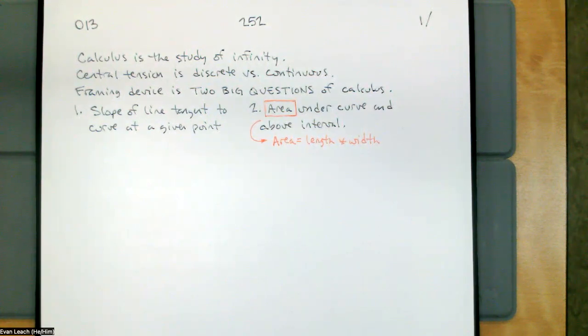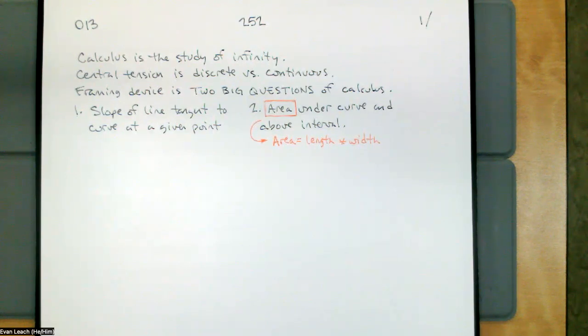Looking forward, when we start to want to apply integration, the applications of integration are going to be the same as the applications of multiplication. So if you don't know what integration is for, that also kind of means that you don't know what multiplication is for. But you do know what multiplication is for, so you do know what integration is for.